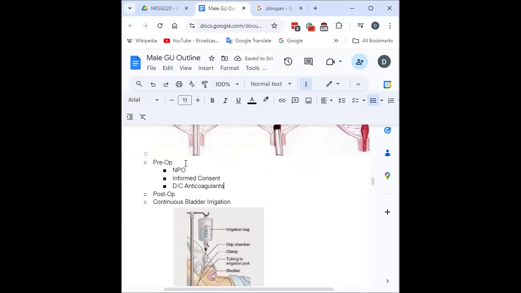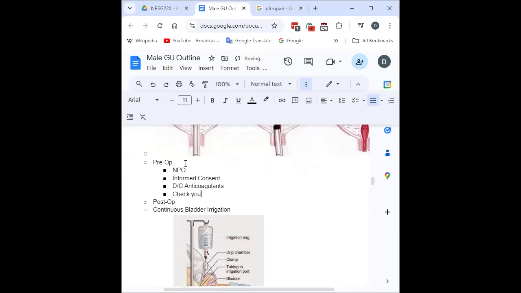Because you don't want them to bleed out, you're going to check your labs prior and call the MD about abnormalities. So if the patient has low electrolytes or something, a hemoglobin less than 7, or an infection, you're not going to take them to surgery.